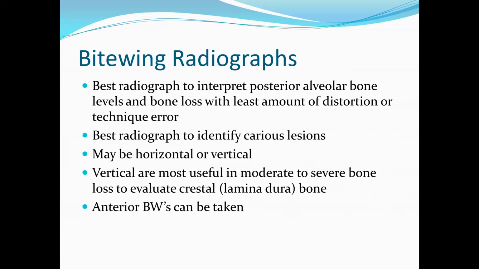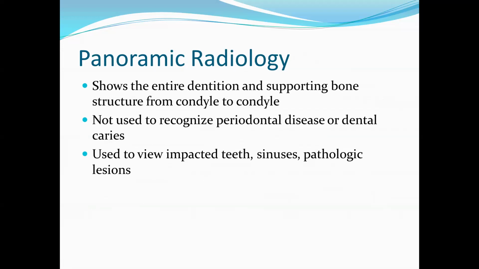Bite wings, we do take vertical bite wings. You can also take anterior bite wings because, again, you're at that +10 degrees, so you are almost straight on, and it gives us the best level of bone. Panoramic radiography, it's great for the big picture and for looking for tumors. It's not great for periodontal disease or caries.